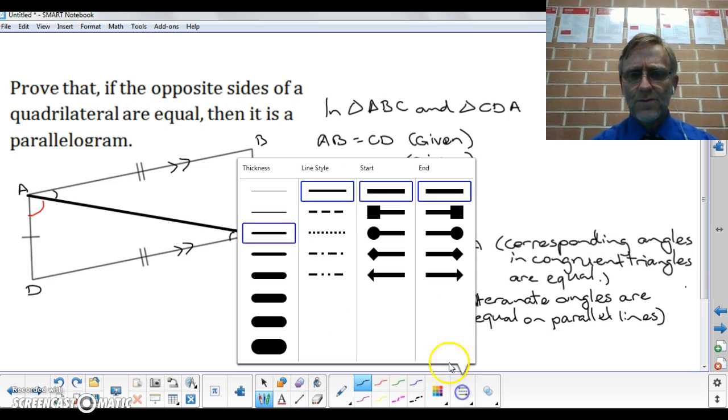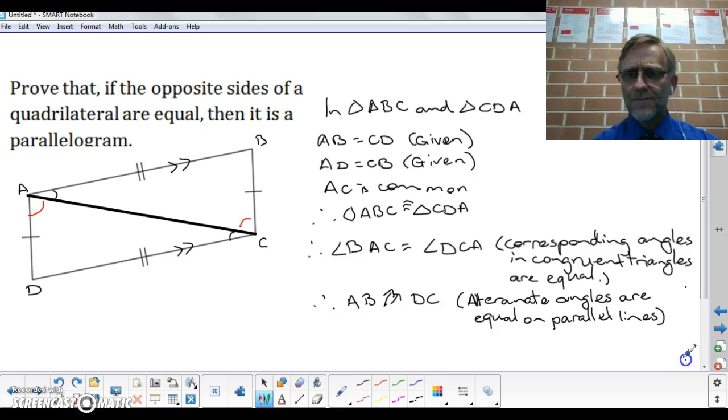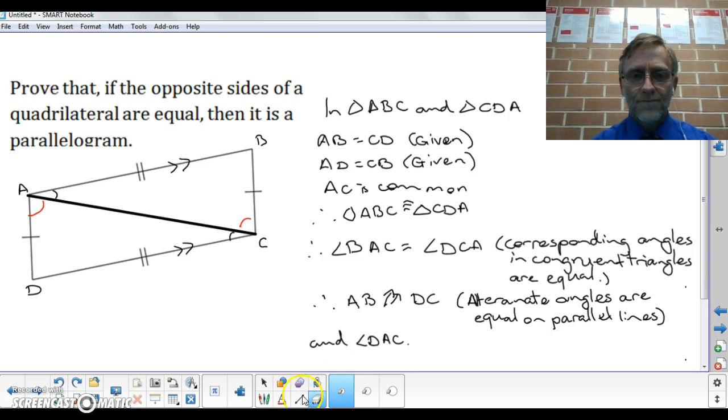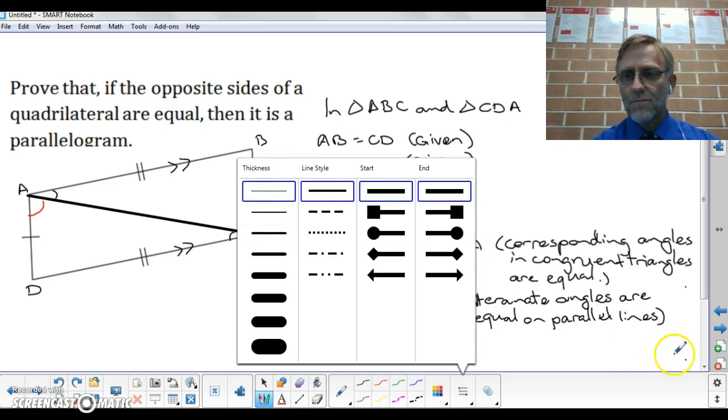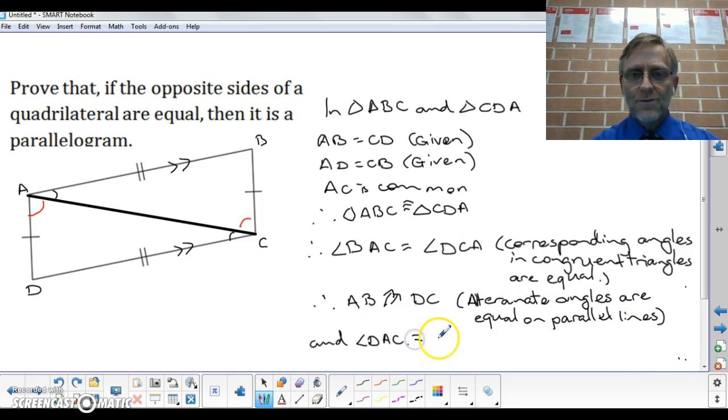And angle DAC is equal to, not congruent to, angle BCA. And the reason is the same as this one. Corresponding angles in congruent triangles are equal.